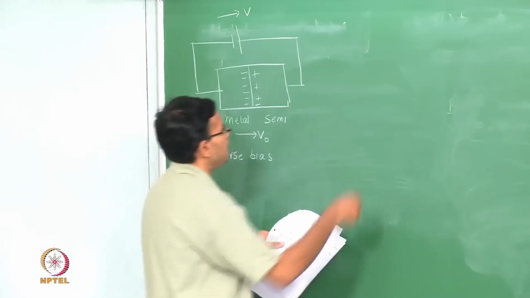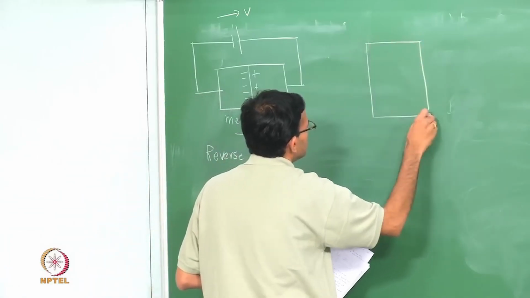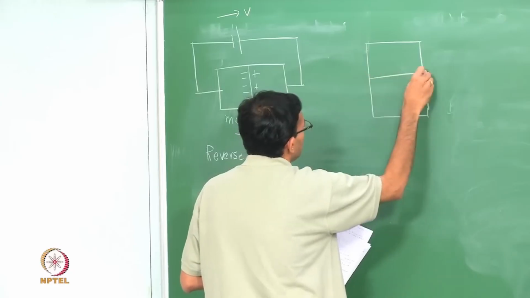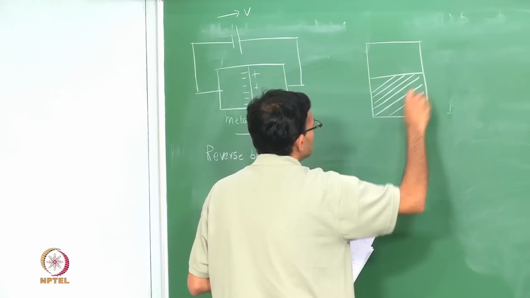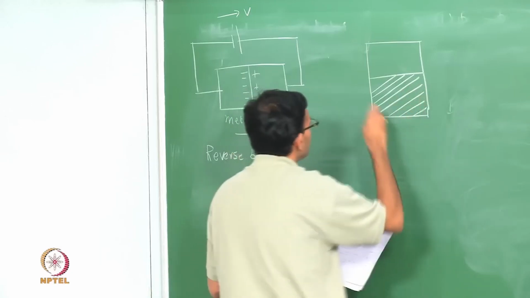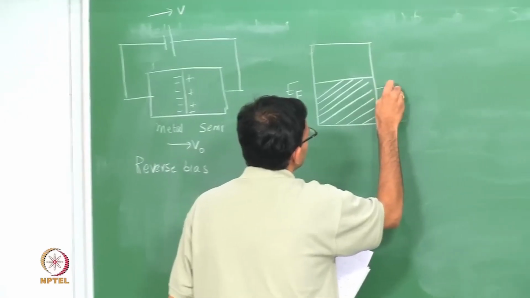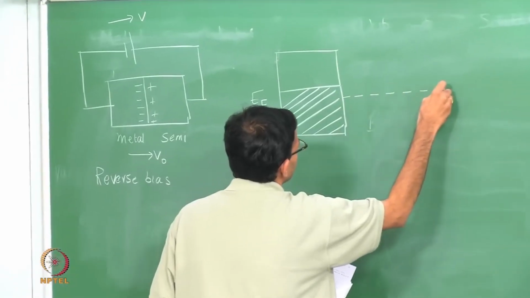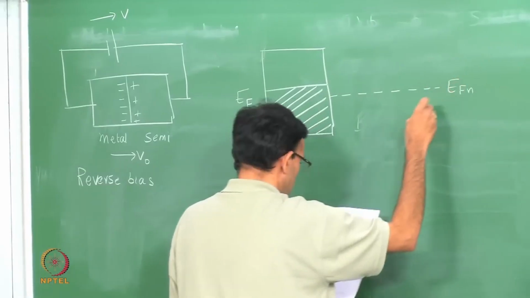So, if you draw the band diagram for this, this is your metal, this is EF, this is the Fermi level of the semiconductor, it has gone down.